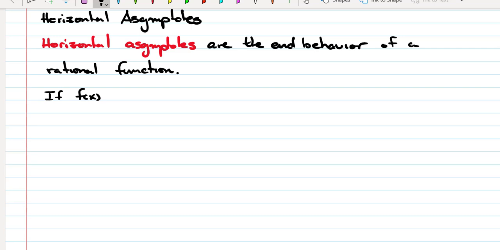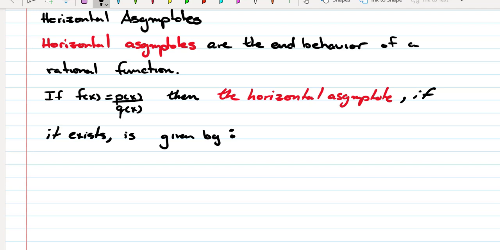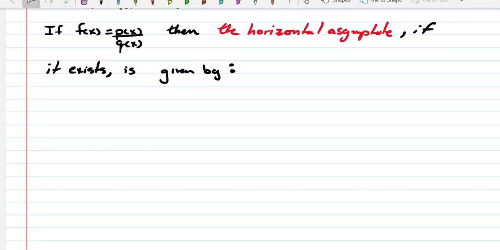If f of x equals p of x divided by q of x, then the horizontal asymptote, if it exists, is given by, and we're going to make a little decision chart similar to the one that we had in 4.1 for the end behavior of polynomials.